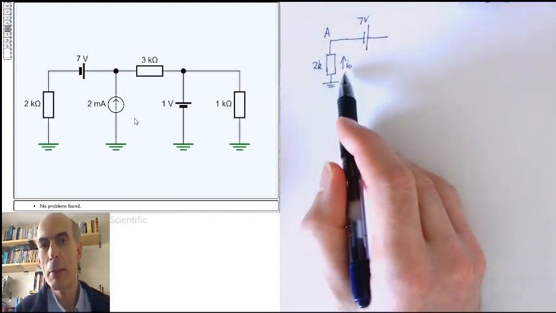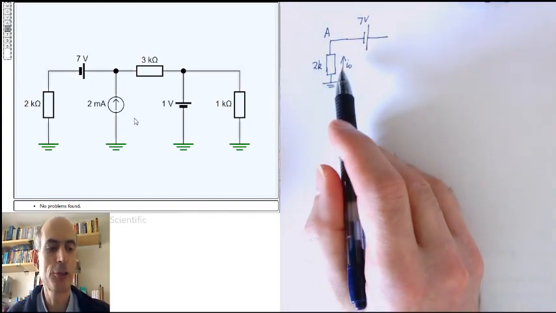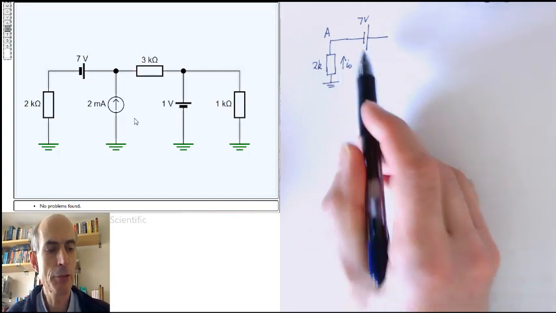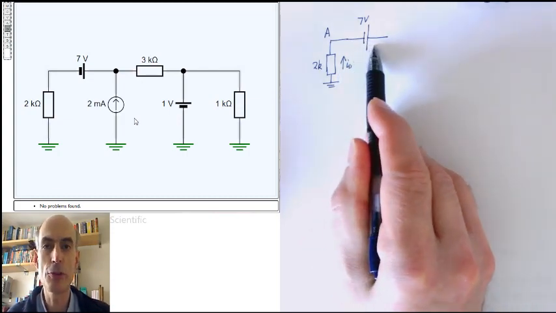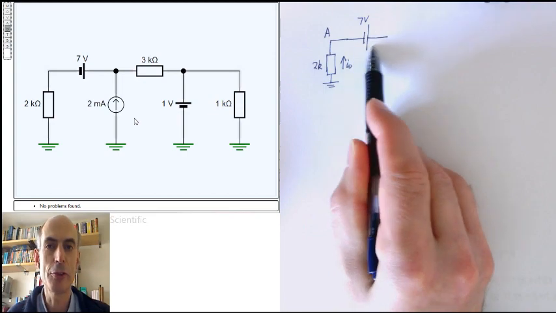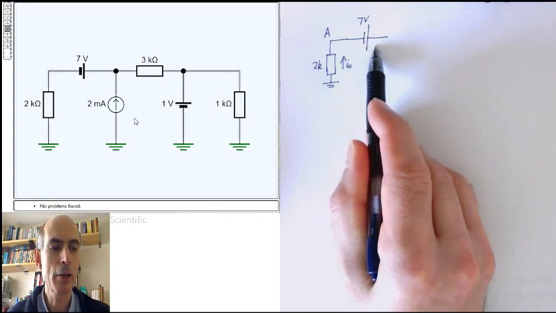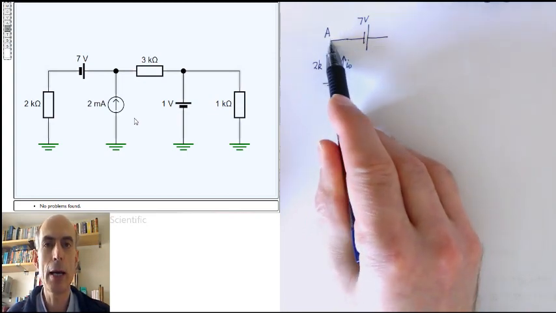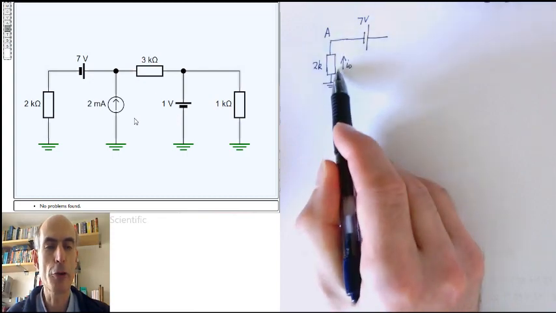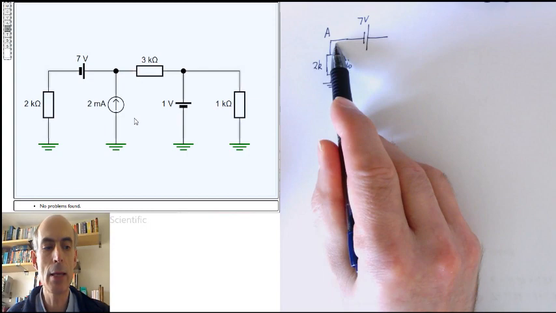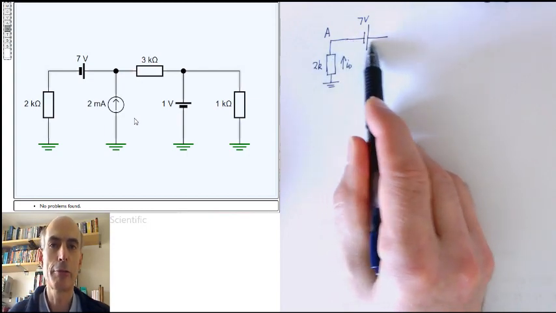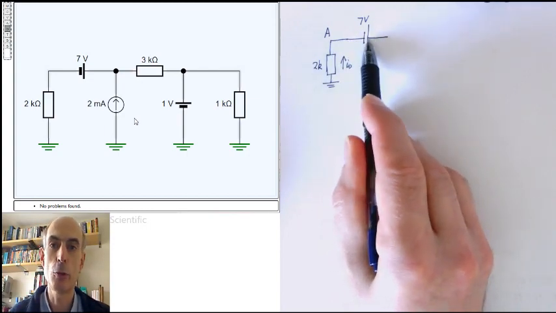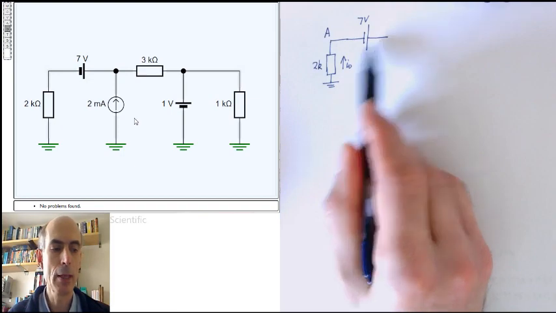If I was step by step following the instructions completely, I would have to label the current through this voltage source as a different unknown, and then apply Kirchoff's current law at node A, which would tell me that the current through the 2K resistor flowing in was equal to the current flowing through the voltage source flowing out.